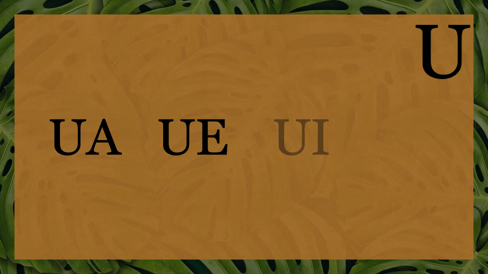Then o: oa, oe, oi, ou, and finally u: ua, ue, ui. So it's important that you don't separate the vowels because there's no okina.